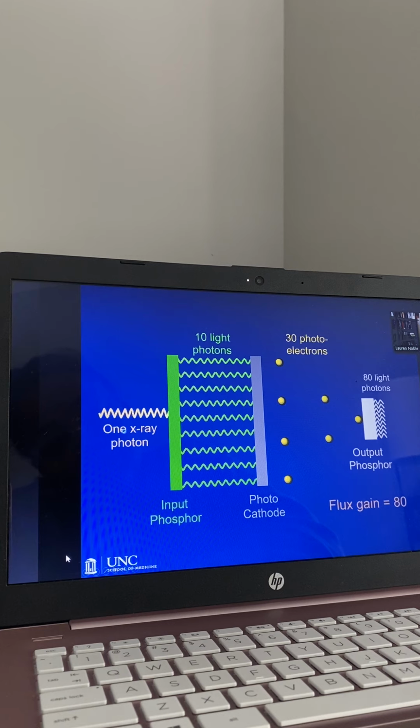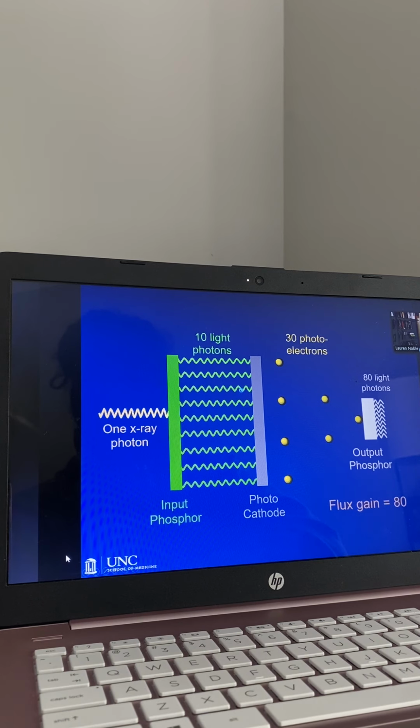But here we have one X-ray photon entering the input phosphor. Remember, the input phosphor takes the X-rays and converts it to light. So 1 X-ray photon is greatly intensified to 10 light photons. And then there's not a gap here between the input phosphor and photocathode. I just did it for point of illustration so you could see these photons. That photocathode is directly against that input phosphor.